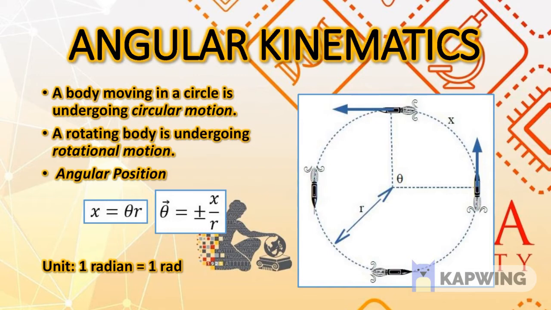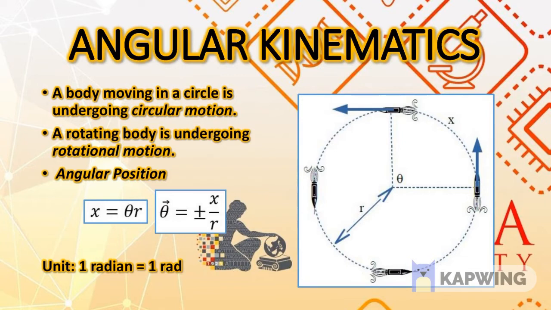Note that the angle theta is measured in radians. Arc length x is equal to angle theta multiplied by the radius. From here, we get an equation for the angular position of the object. Theta is equal to plus minus x over r.